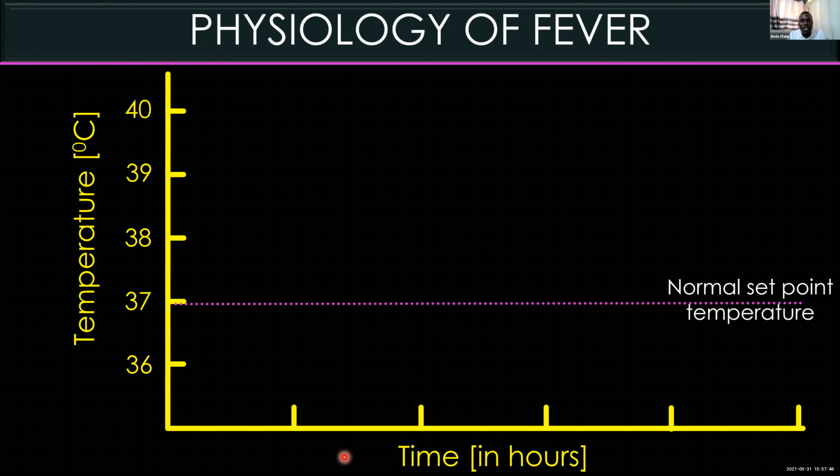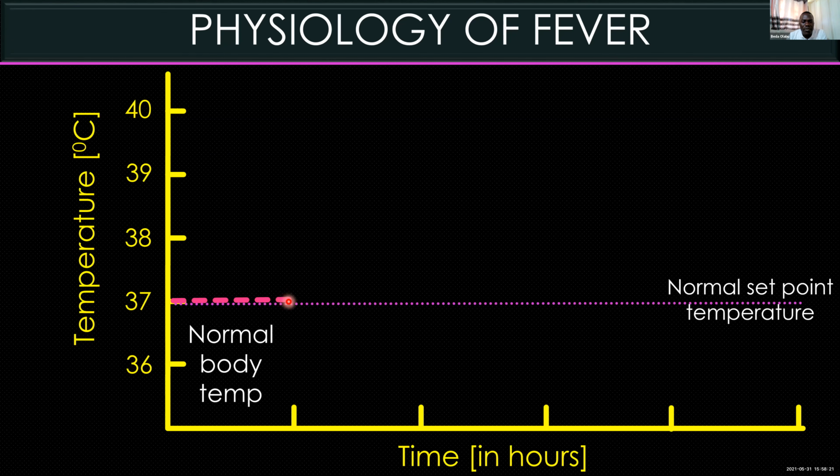We've also indicated that the hypothalamus then works around that to maintain the body temperature around it. So the thick dotted lines represent the actual body temperature in a normal scenario. It will be revolving around 37.0. It could be 36.8 or 37.2. That is physiologically normal.